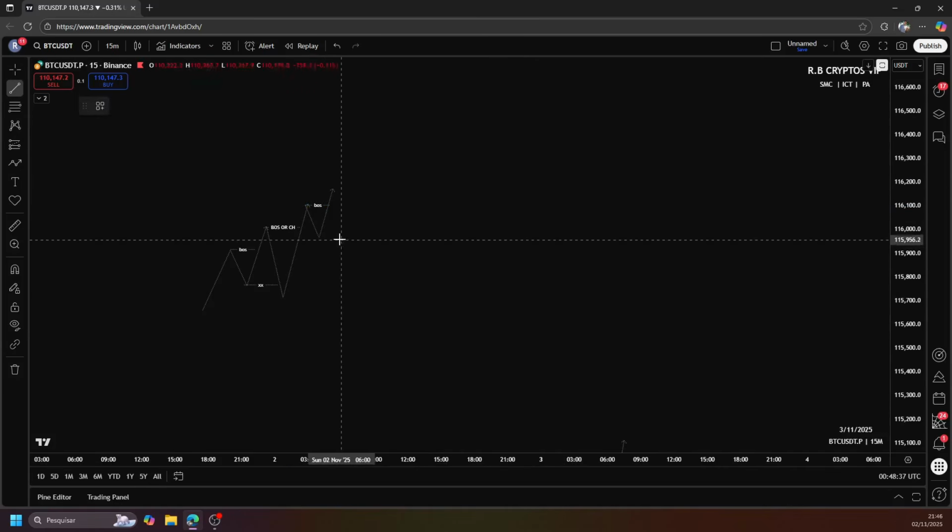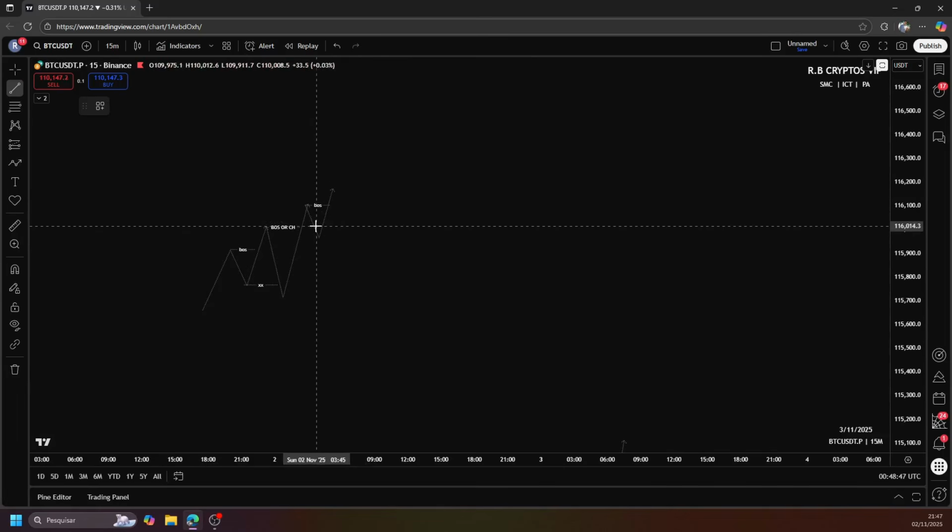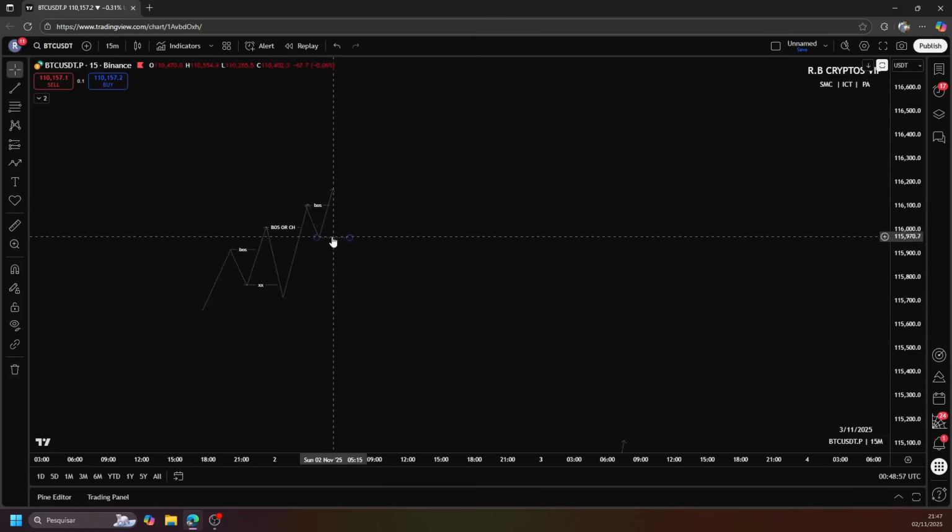Everyone knows that this BOS at this point is actually a fake BOS, just like the previous one where the price did not sweep liquidity, it simply broke the structure. So why is there still liquidity sitting below this low? Because retail traders consider that every structure break, the last low or high, is a strong support. In their view, it's a strong support.